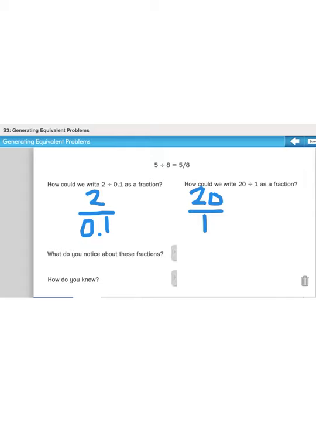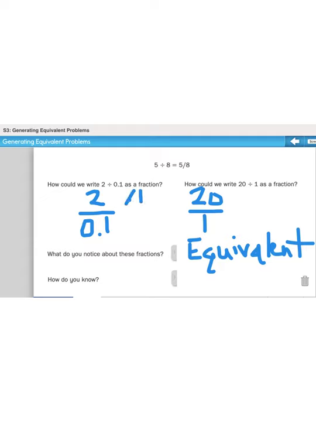Now, what do you notice about these fractions? These two fractions are equivalent. Remember, we've used that word before when we talked about fractions. They are equivalent. How do you know that they are equivalent? If you multiply the numerator and the denominator of 2 over 1/10 by 10, you get 20 over 1.